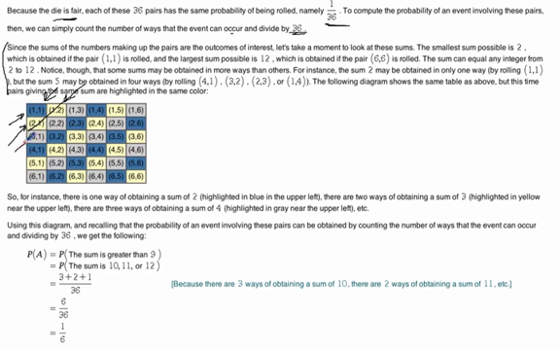And then if we look at this diagonal, those all sum to 4, and there's 3 ways. And then here, there's 4 ways that make a 5. 1, 2, 3, 4, 5 ways that make a 6. 1, 2, 3, 4, 5, 6 ways that make a 7, etc., etc. Right? The biggest sum we can get is 12.